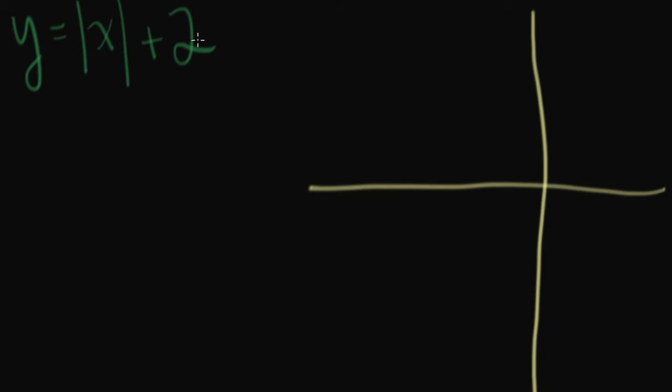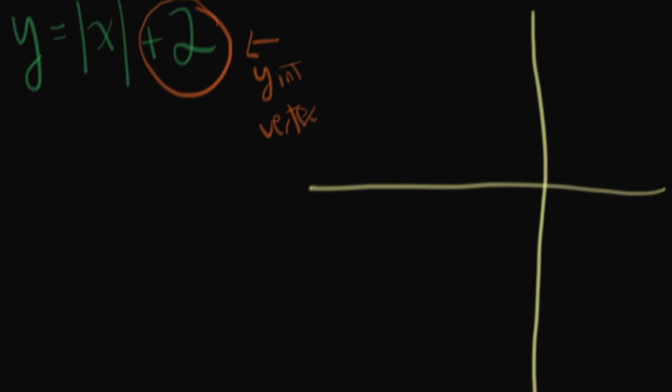So y equals the absolute value of x plus 2. So what does that plus 2 do? The plus 2 tells you, so this tells you where on the y, maybe I should put it over here. So this, there we go, that tells you about the y-intercept for the vertex.